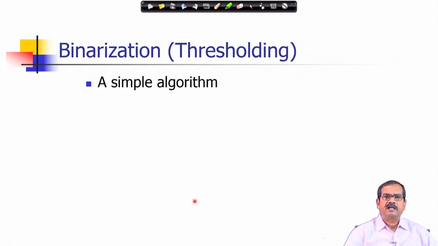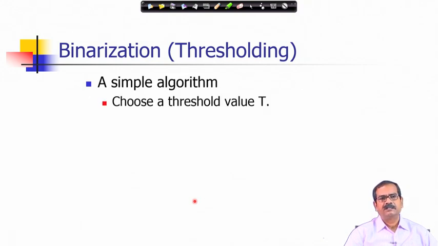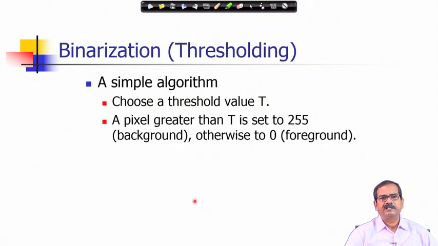One of the simple algorithms of this binarization could be as follows. You choose a threshold value t, which is some value in the brightness interval, and a pixel greater than t is set to 255, otherwise it is set to 0.